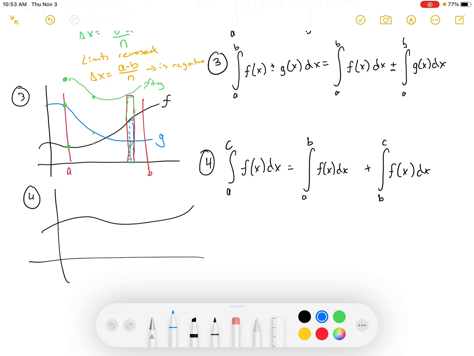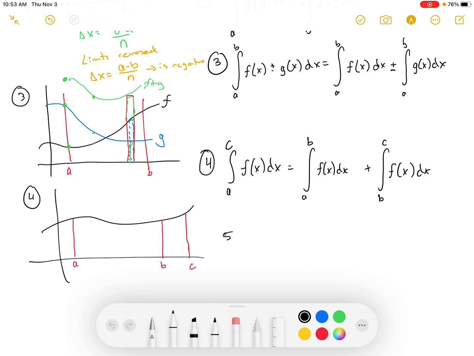I seem to always draw a shape that looks kind of like pi. Then we have a third point, this c out here, and some b in between. Of course, the area from a to c is equal to the area from a to b plus b to c. That's just a fundamental idea from geometry that we can see. So that one shouldn't be all that earth-shattering.